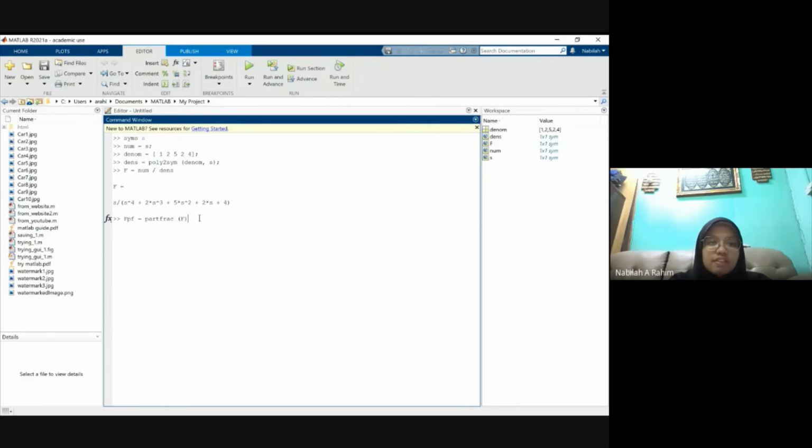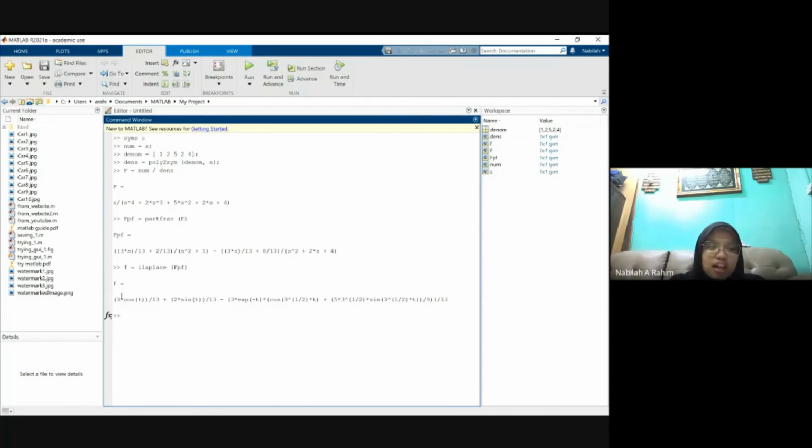So this function will solve the function f into partial fractions. It gets this, and then it's not over, because I need to find the inverse of this. So f equals ilaplace of fpf, and then this is the answer.